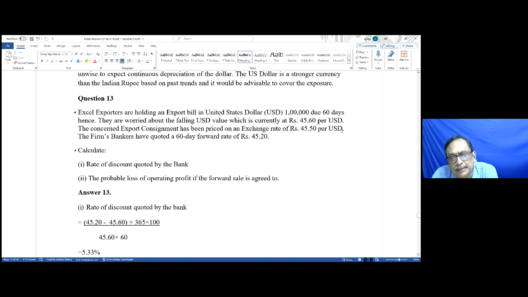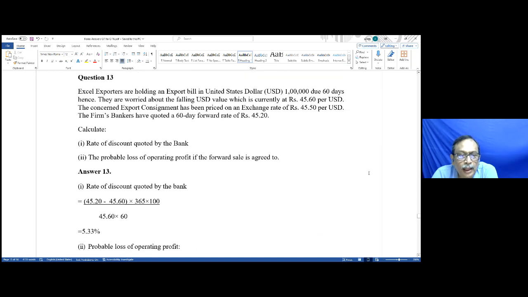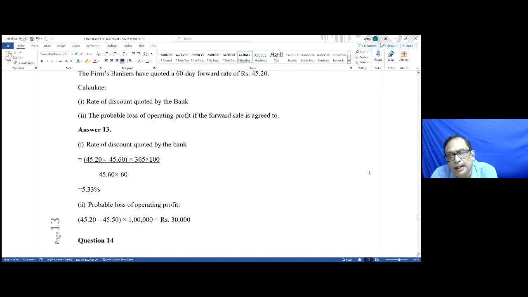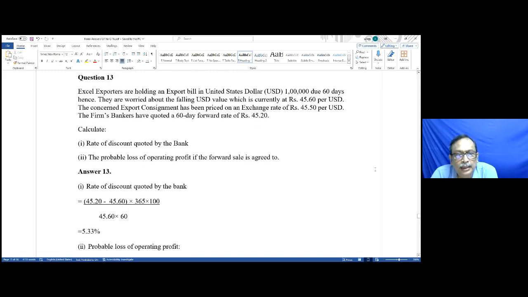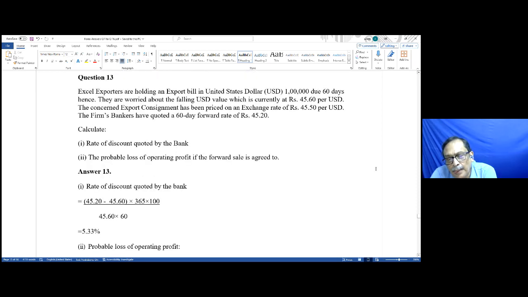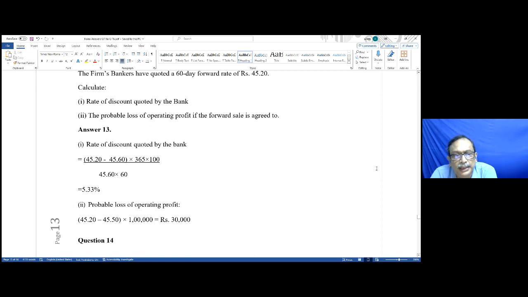It is given in days, mind that, and we are considering 1 year as 365 days. So we are writing 45.20 minus 45.60 multiplied by 365 multiplied by 100 divided by 45.60 into 60. It comes to 5.33%.